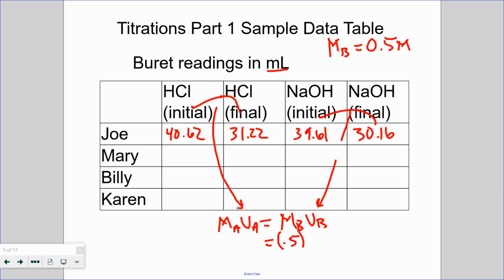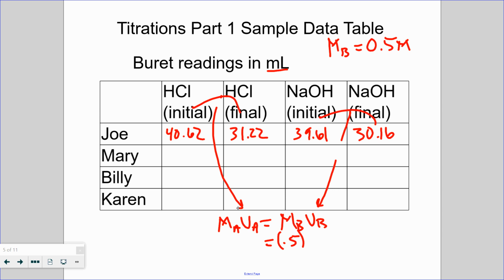What we need to stick right here is the volume of the HCl that we put in our reaction vessel. In order to find that, we subtract the volume of the HCl finally from the volume of the HCl initially.